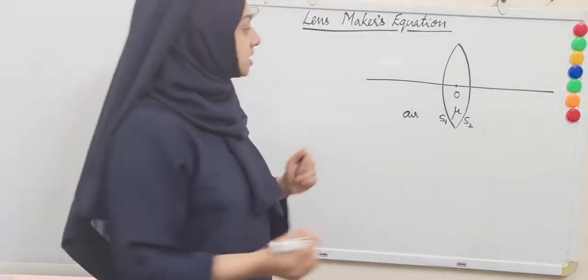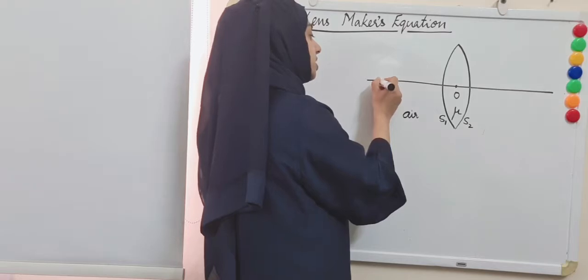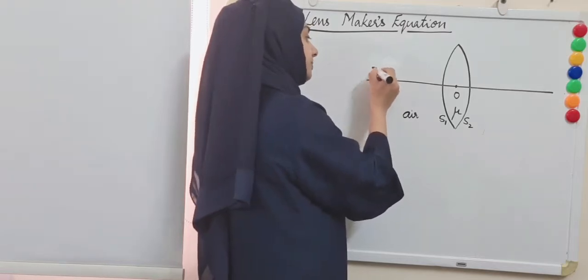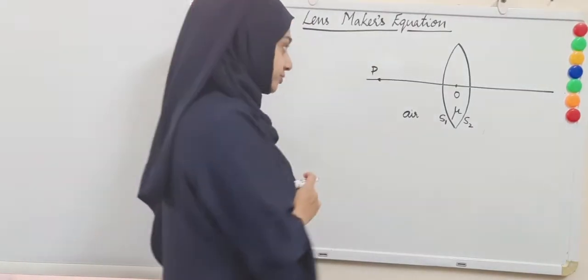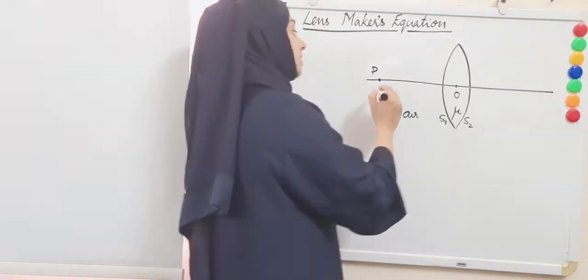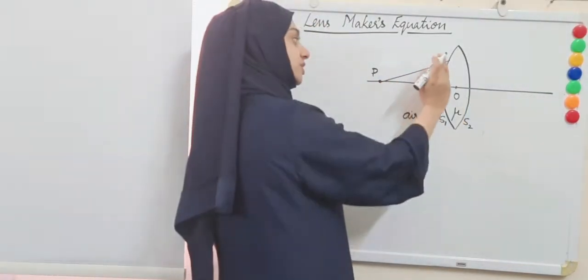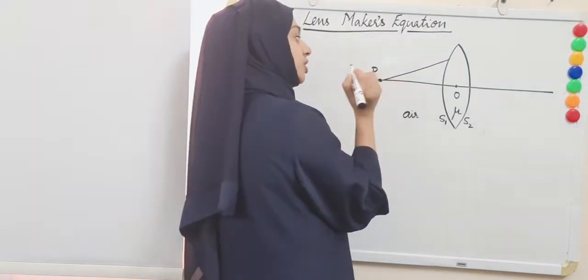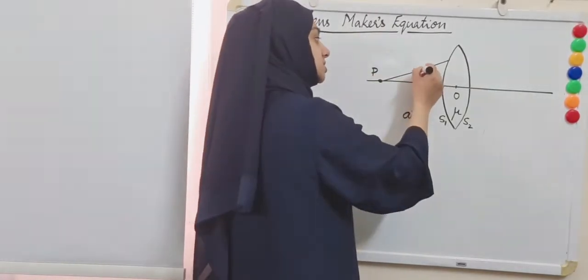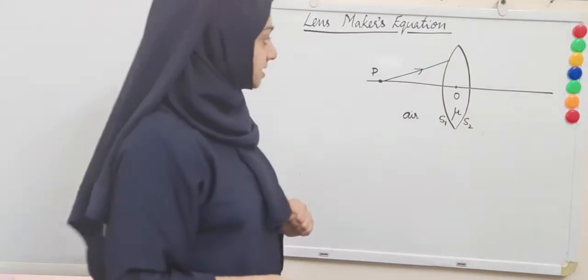And suppose there is a point object P placed here. So P is the object, and let a ray of light be incident on the surface of this lens from this point object P. So this is the incident ray of light.